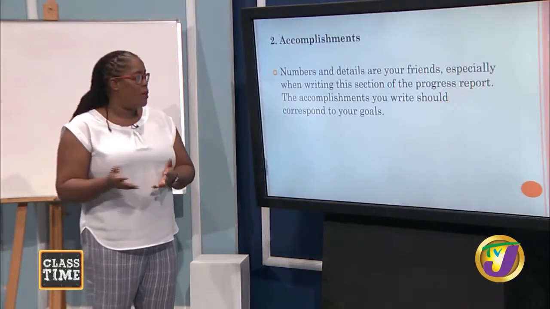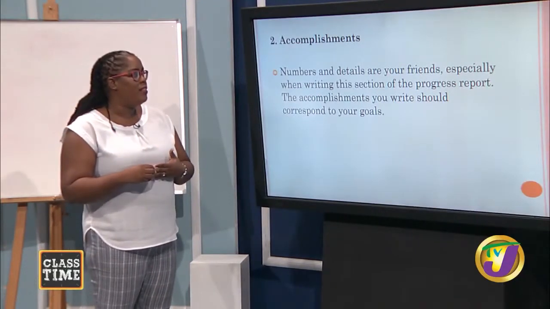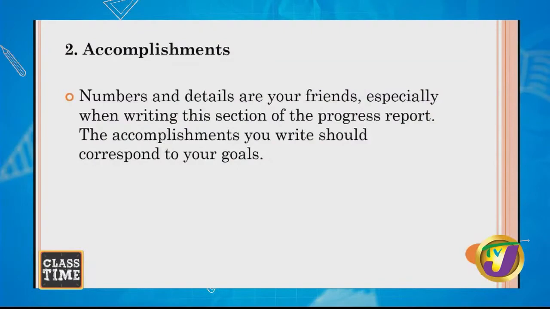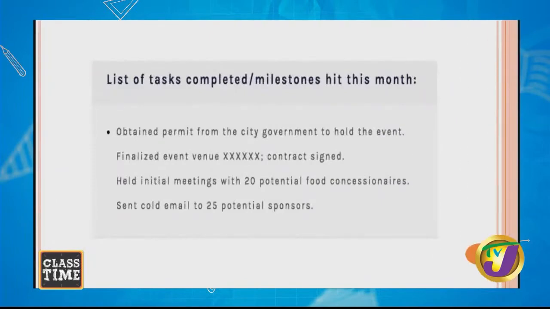2, accomplishments. Numbers and details are your friends, especially when writing this section of the progress report. The accomplishments you write should correspond to your goals. This is an example.